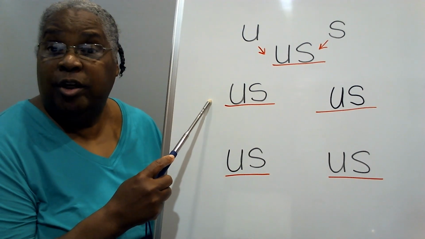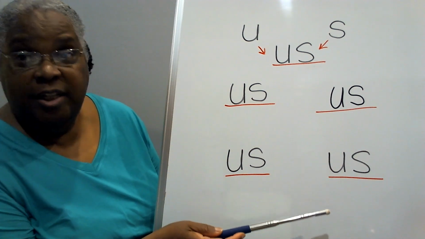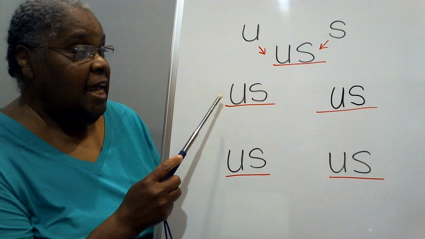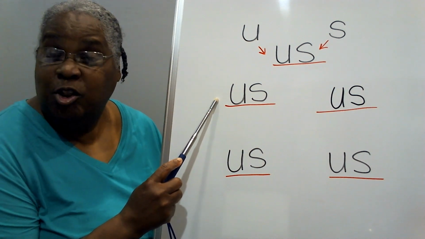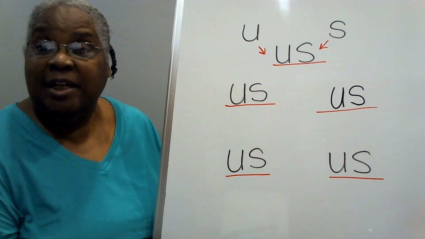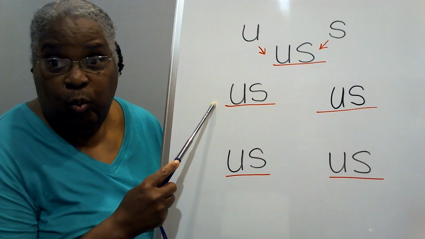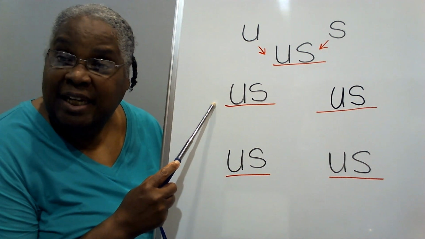Here on the board, we have the word us written a few times. Here, the word us will be used as a blend to help us form new words. We will put a consonant at the beginning of the blends to form new words that have their own new meaning.